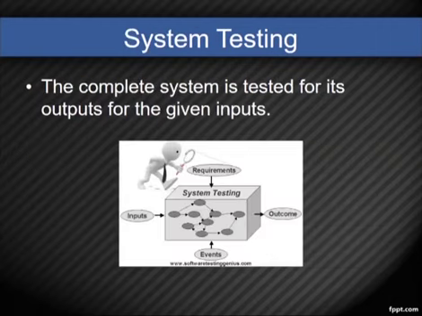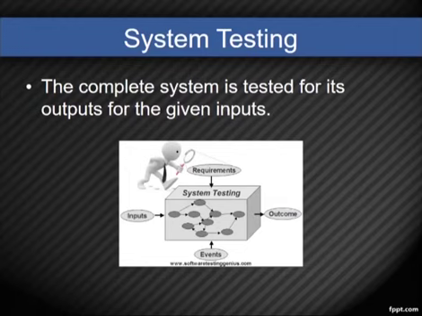System testing. When you integrate several units, then we can build a whole system. Then what we have to do is test the whole system at once. Earlier we tested the separate units and integrated them with each other.